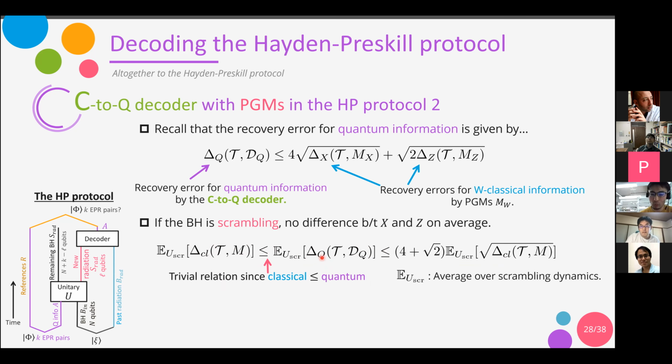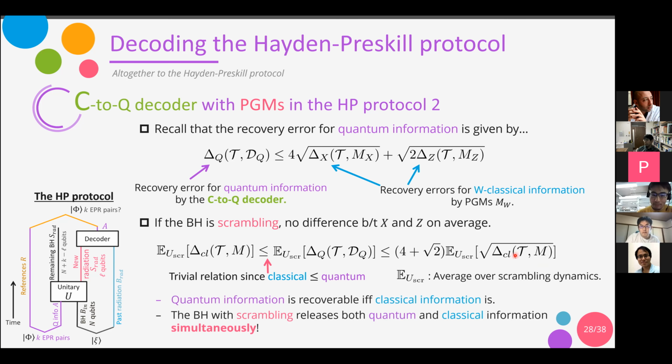So actually, we can sandwich the error for quantum information by the error of classical information. One side is just delta CL squared, and the other side is its square root. So by assuming the scrambling dynamics, we can conclude that quantum information is recoverable if and only if classical information is. And this means that the black hole with scrambling dynamics releases both quantum and classical information exactly at the same time.